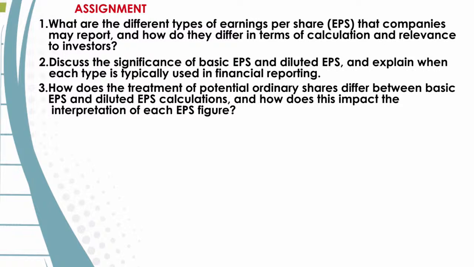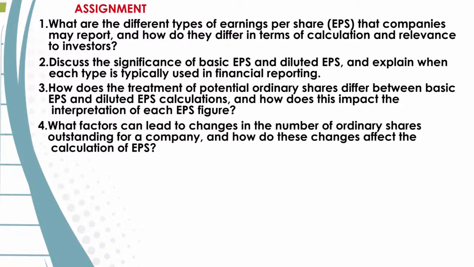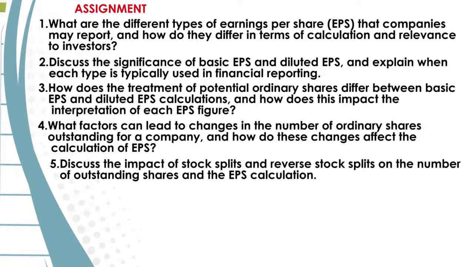The next question, number 4. What factors can lead to changes in the number of ordinary shares outstanding for a company, and how do these changes affect the calculation of EPS? The other question: discuss the impact of a stock split and reverse split on the number of outstanding shares and the EPS calculation.